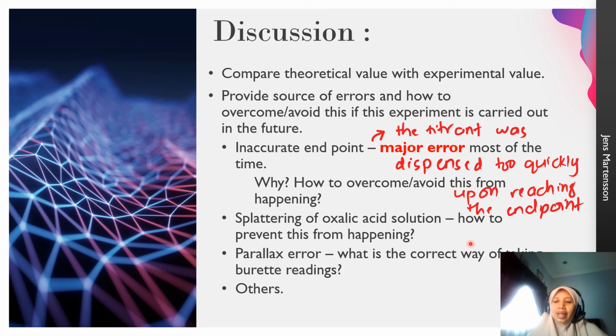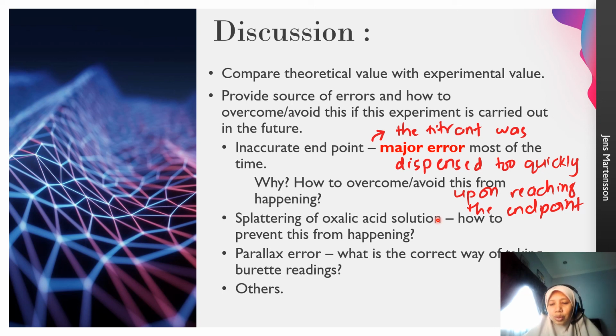And how do you know that? From the color of the endpoint. Endpoint should be a very pale pink. But believe me, to obtain a very pale pink needs skills. You need to practice, then you know how to be extra careful towards the endpoint. How to overcome this?